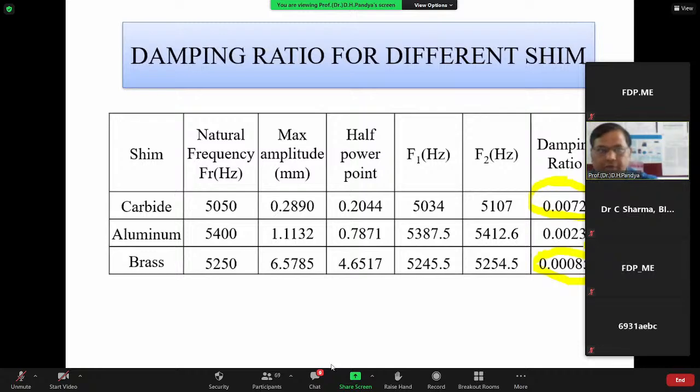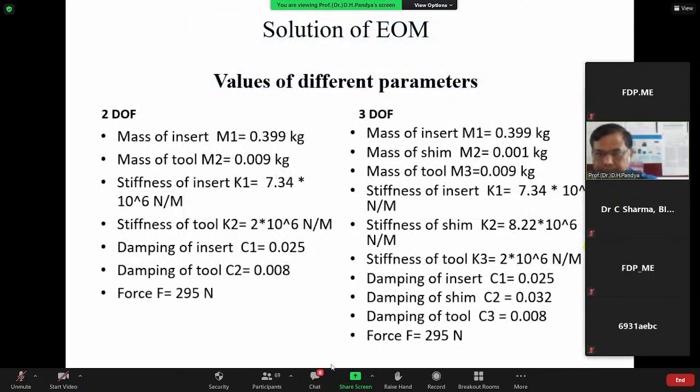So with the computation, we are getting the value of c, and by measuring, we are getting the different values for that insert. The values of stiffness we are taking from the hammer test, and the forces are considered as per the standard equations given in the design data book, and one reference on force designing for machine tools in turning.